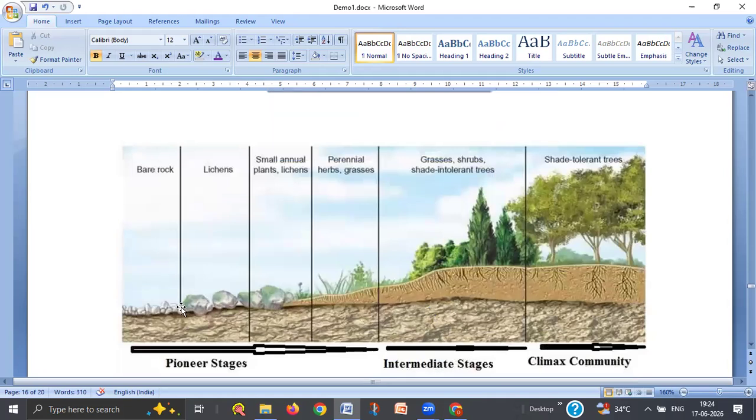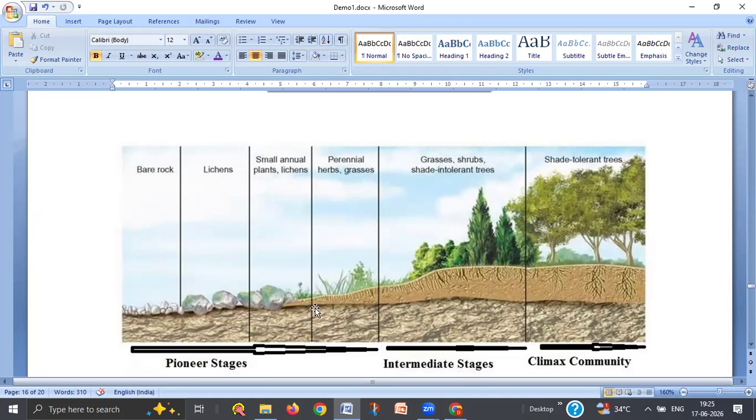It starts on the rocks, and there is no soil formation. In evolution, you see at the beginning, the earth surface contains several rocks. Due to the activity of several organisms, by chemical factors, by biological factors, the weathering of the rocks took place due to the growth of the plants on the surface of the rocks.